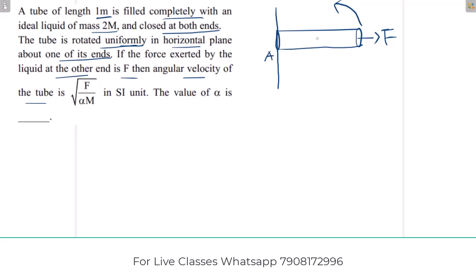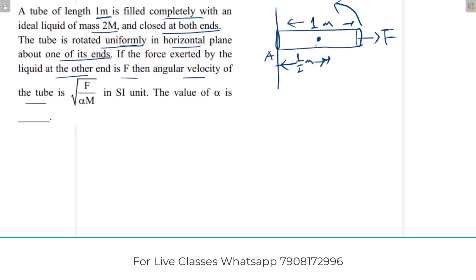Now consider the mass is uniform, as the liquid is uniformly distributed and completely filled. So we can easily assume that the total mass is at the center, that is the total length is 1 meter, so this center of mass is at half meter from the axis of rotation.